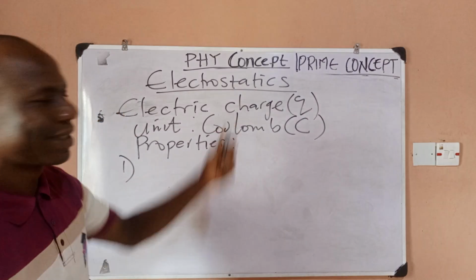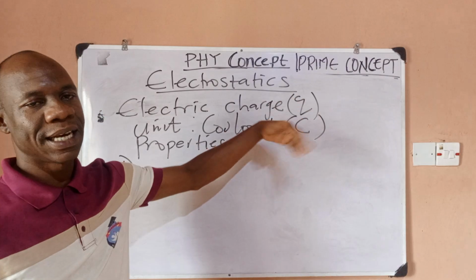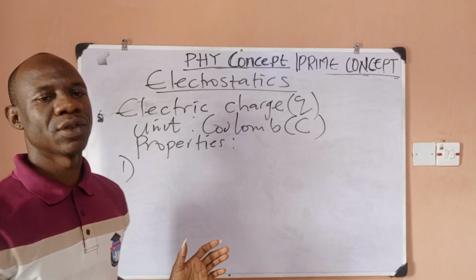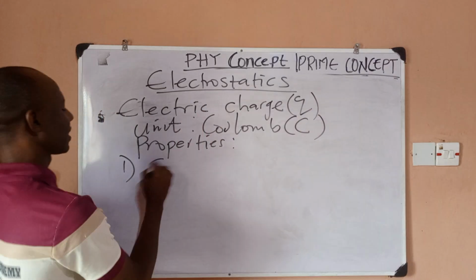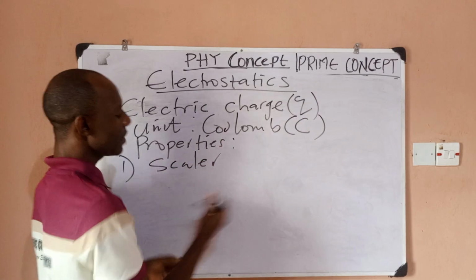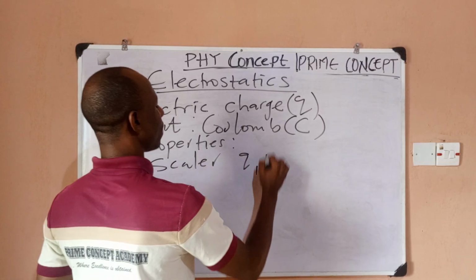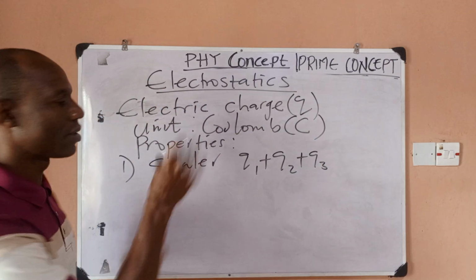So when you say electric charge is scalar, it simply means it does not have direction. So when you're adding up two charges, you don't consider their direction, so you just do direct addition for it. You can add them up directly. That is what it means. You can have Q1 plus Q2 plus Q3 and so on without bothering about direction.